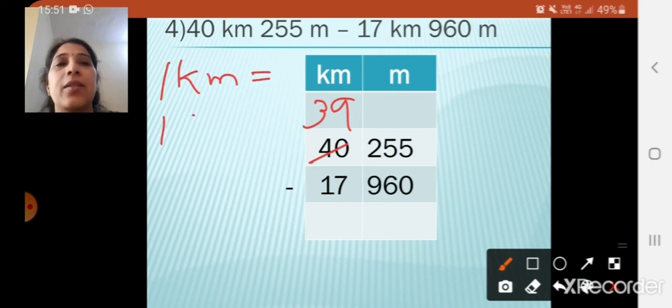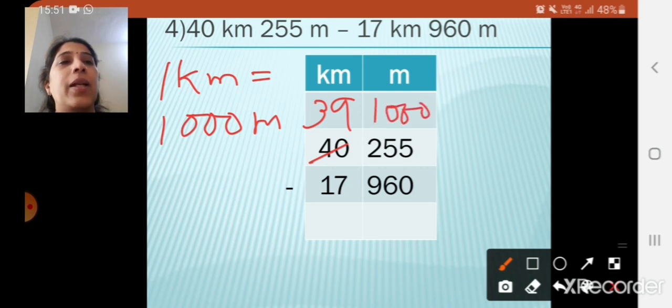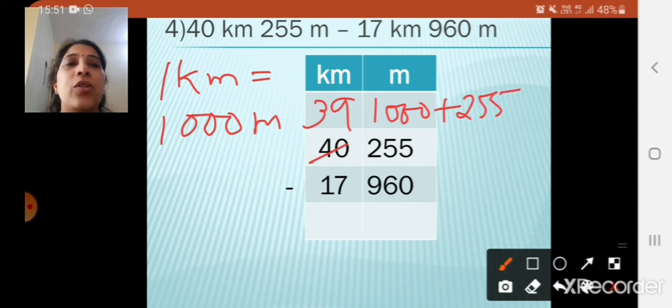It is 1000 meter. Right? So what you will do? You will write 1000 plus 255. So 1000 plus 255, how much it will become, children? 1255.